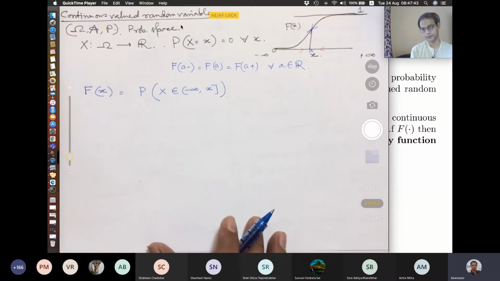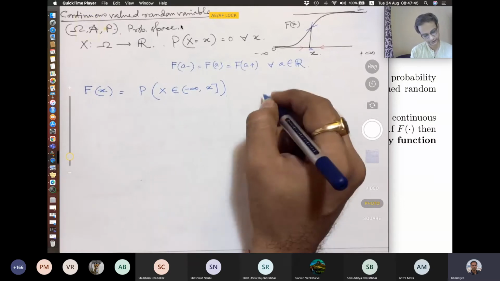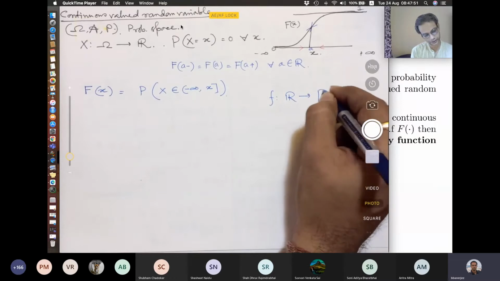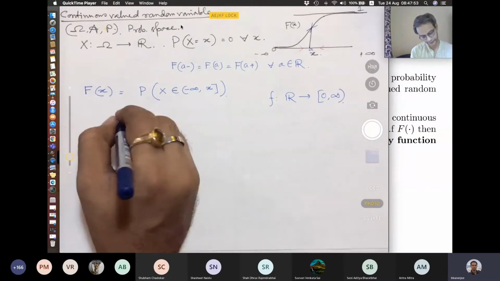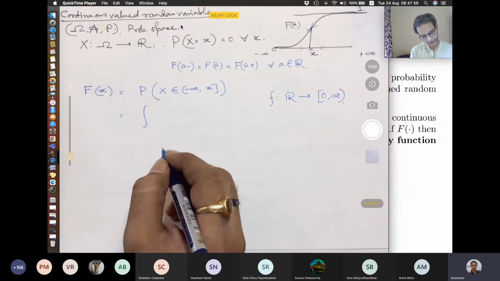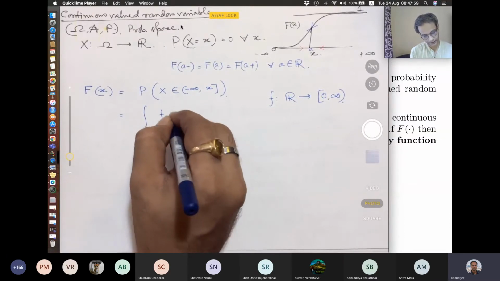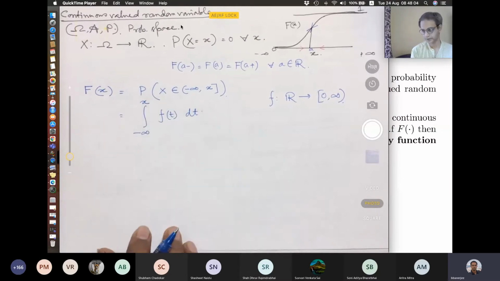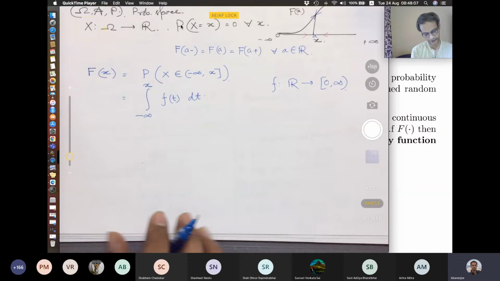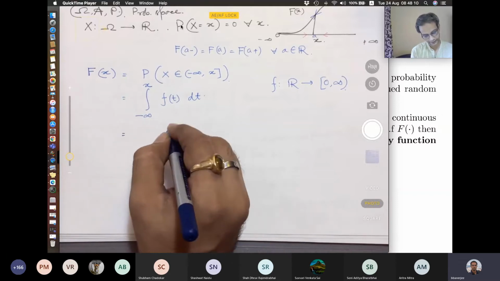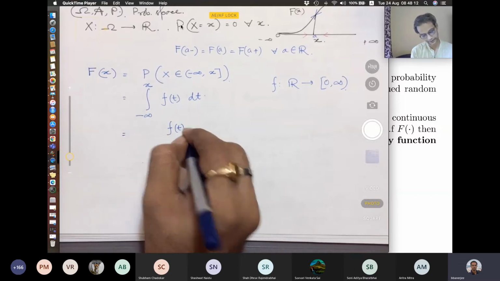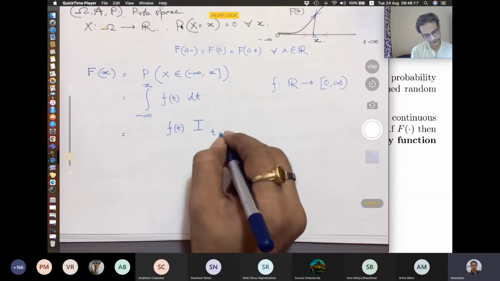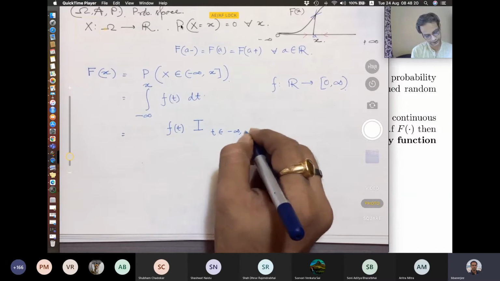To get this probability, if I have a function f mapping from R to 0 to infinity, integration, say, let us call f(t) dt from minus infinity to x. The same thing I can write in general as f(t) times the indicator function of t belongs to minus infinity to x.